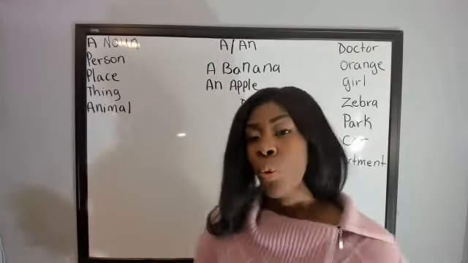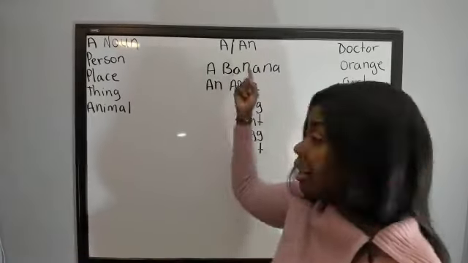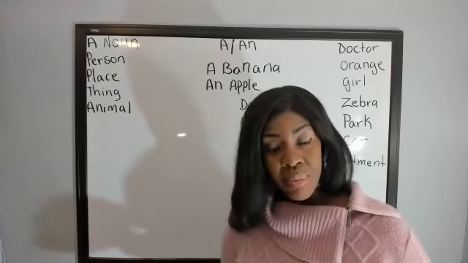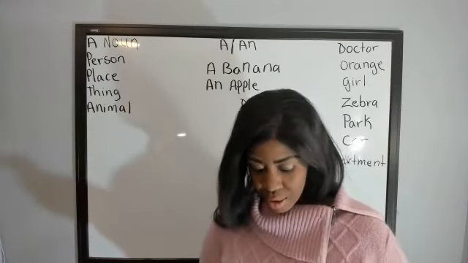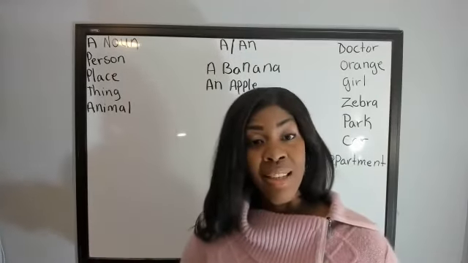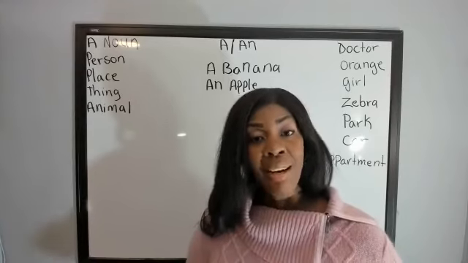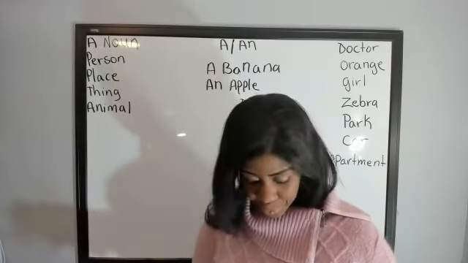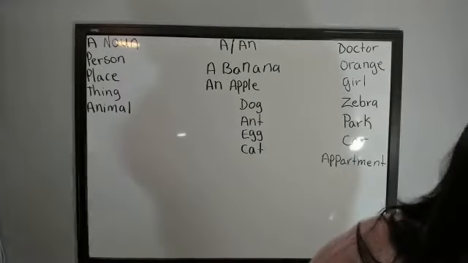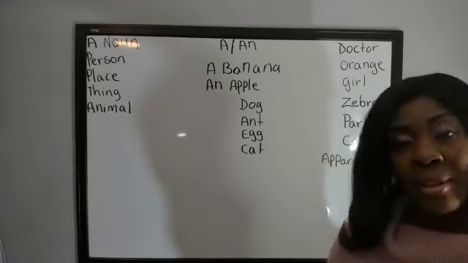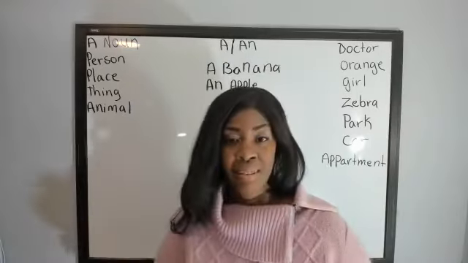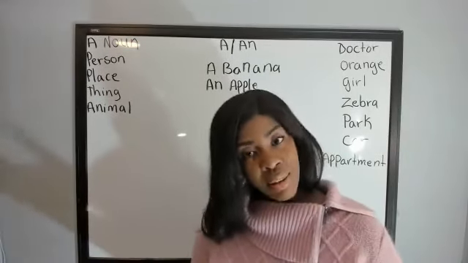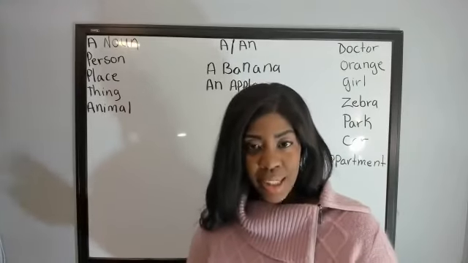When you use a or an, you use it with a noun. What is a noun? A noun is a person, a place, a thing, or an animal. A perfect example: a park is a noun because it's a place. A courthouse is a noun. A doctor is a noun.